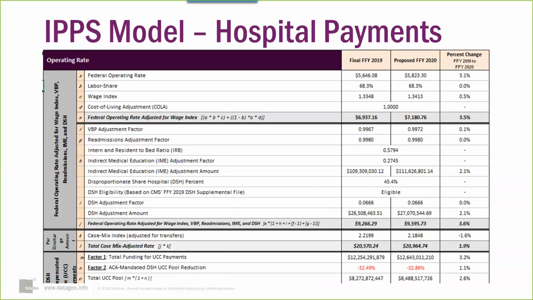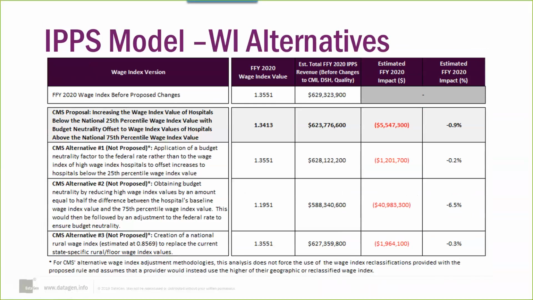This will bring you to your calculated operating rates as well as capital and overall. Also for this proposed rule, we included a section on how CMS's wage index alternatives would have affected you relative to the proposal of reducing the wage disparities, as well as what it would have been without the proposal.